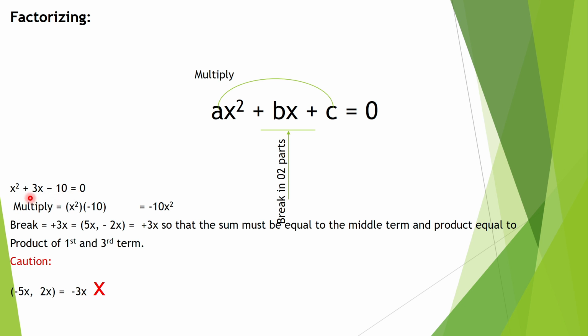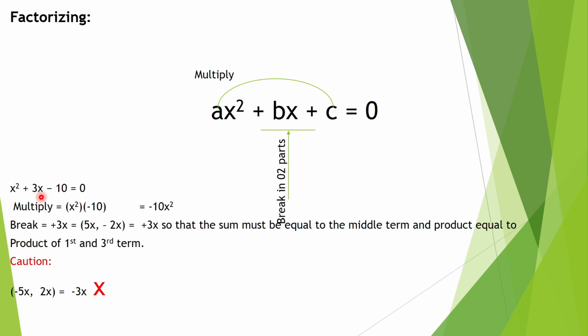So now break this part of the equation into two parts. For example, I have broken it into 5x minus 2x. So what is the resultant of 5x minus 2x? It is equal to 3x.